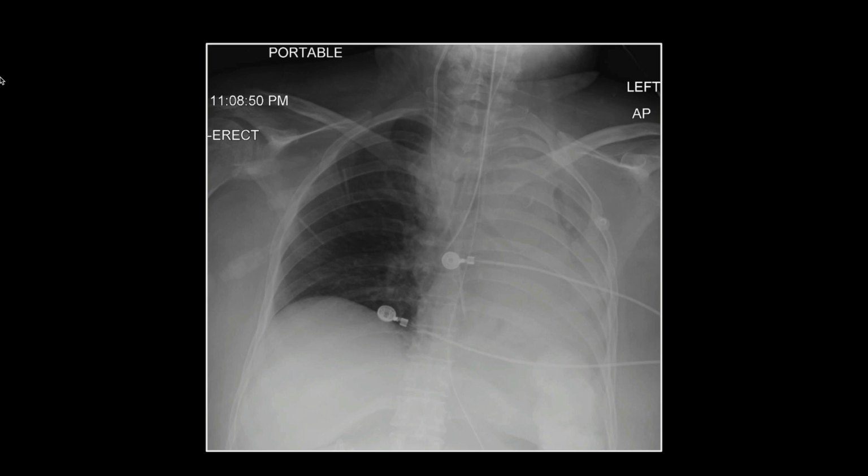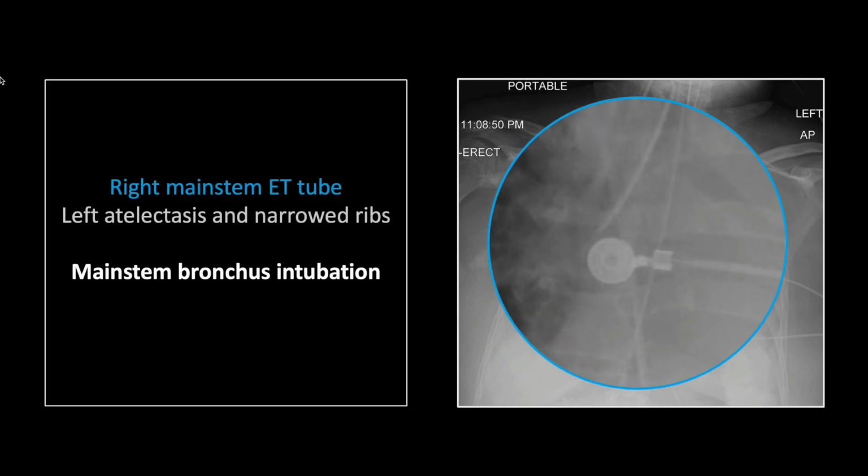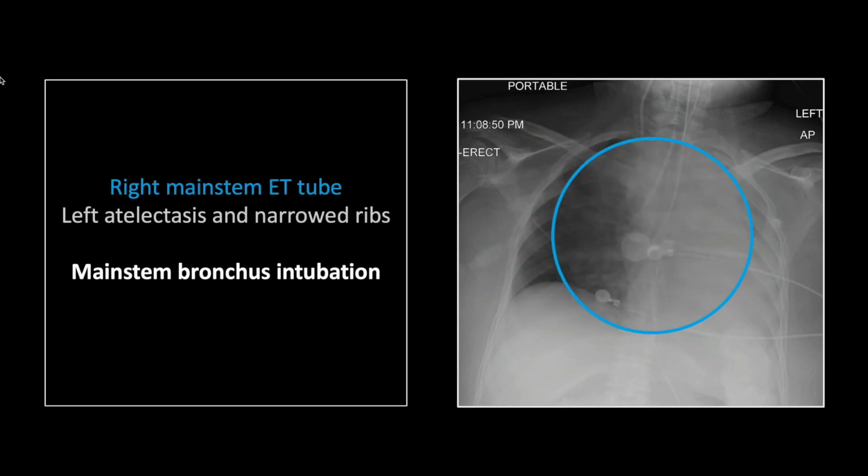Our next case is a common and easily corrected complication, that of right mainstem or bronchus intermedius intubation. You can see there is clearly an endotracheal tube with its tip extending well below the carina and as a result jailing the left mainstem bronchus.